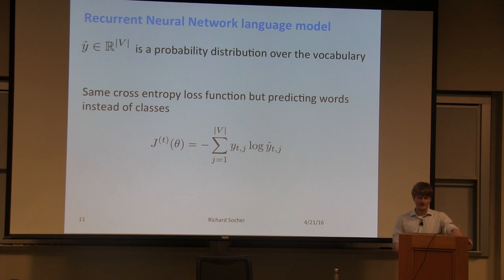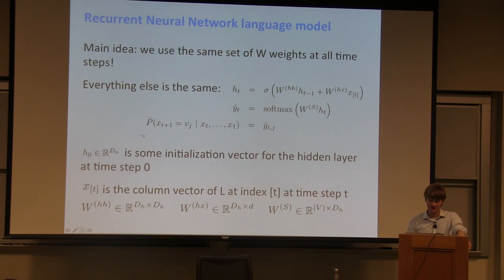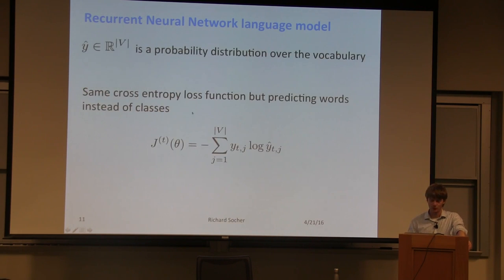And then we basically want to predict here the probability distribution over the vocabulary at each time step. So our Y hat here is defined as just the probability, again, of the next word, but for all possible word indices. And then we can compute the same cross-entropy loss function to predict the words instead of classes.